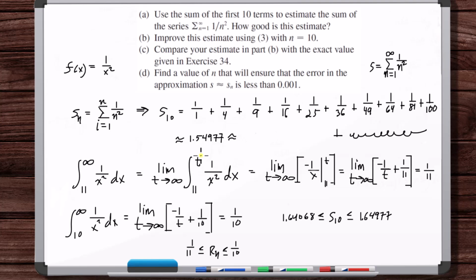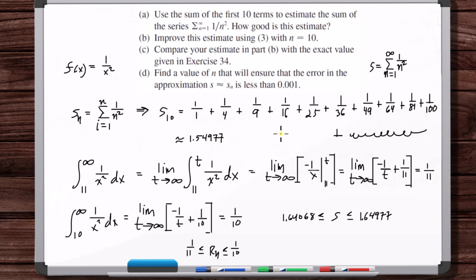So what we can do is, well, okay, no, I messed this up. This is not S of 10, this is S. That's absolutely not S of 10, this is S. We added 1/10 to S of 10 and 1/11 to S of 10. So this is the estimation of the actual S. This is what we want, right? We're looking for S. We don't care about S of 10.